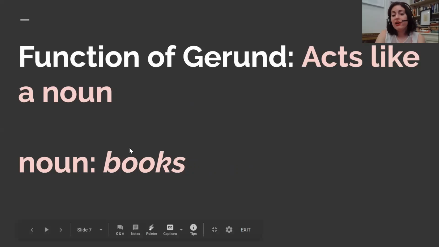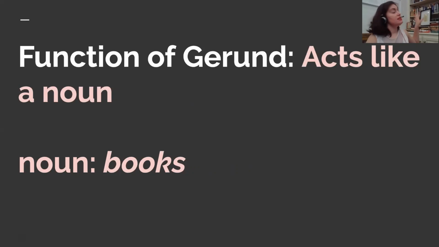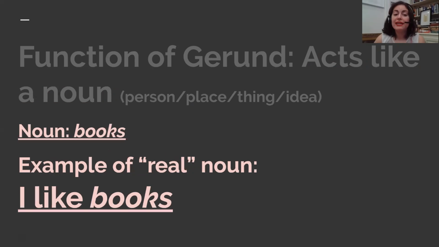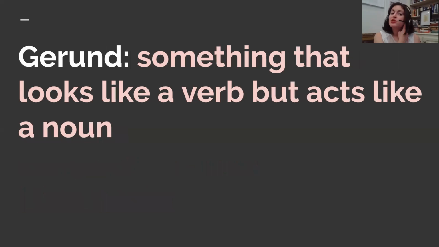A noun that's similar is books. It is a tangible object, like these behind me. An example of a real noun is something like I like books. So a gerund is something that looks as the form of a verb, looks like a verb, but it functions as a noun.